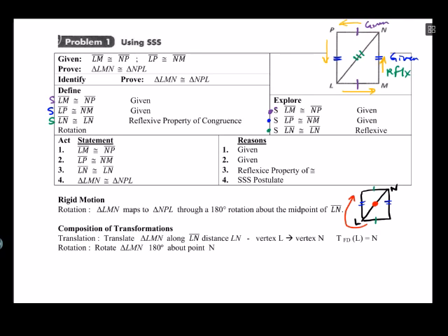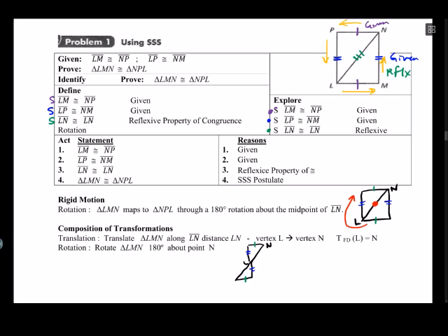Now if we wanted to look at possible compositions of transformations, one that we have seen before, we would simply take one of our triangles and translate it along the length of that common segment there in the middle.